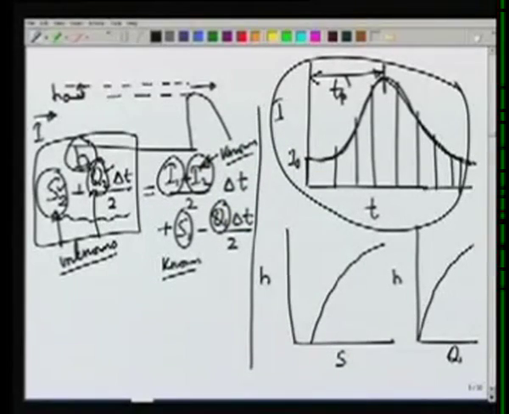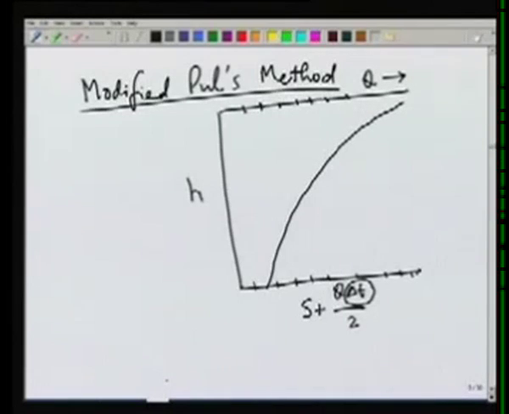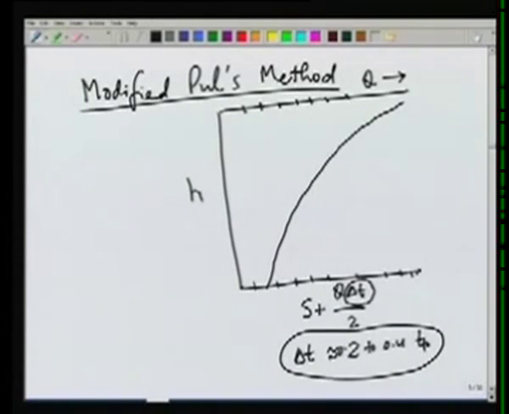So for this time to peak, the delta t should be roughly about 0.2 to 0.4 Tp. So that is the general criterion for choosing delta t.